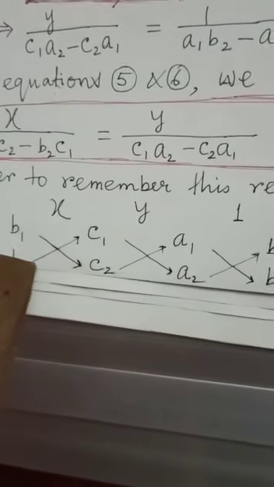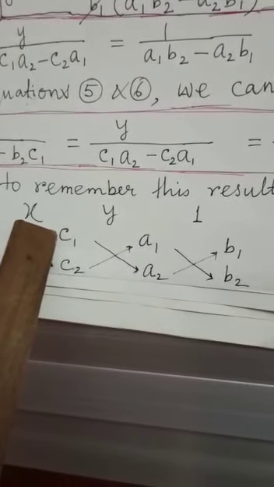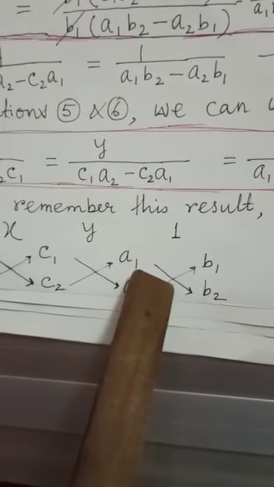The direction of arrows shows how we have to multiply the numbers, and that is why this method is known as the method of cross multiplication. The rule is, from the product of the numbers with the downward arrows we subtract the product of the numbers with the upward arrows, and the same rule goes for each part.